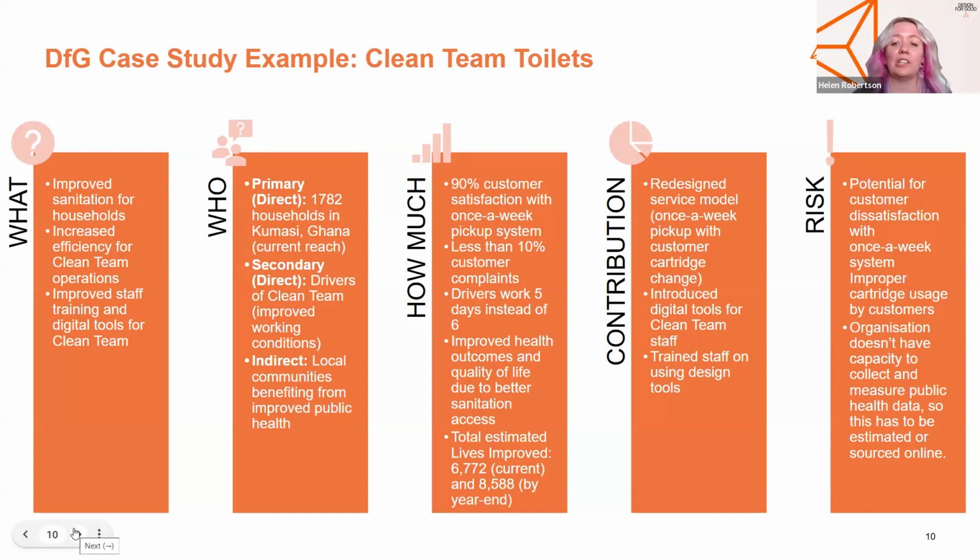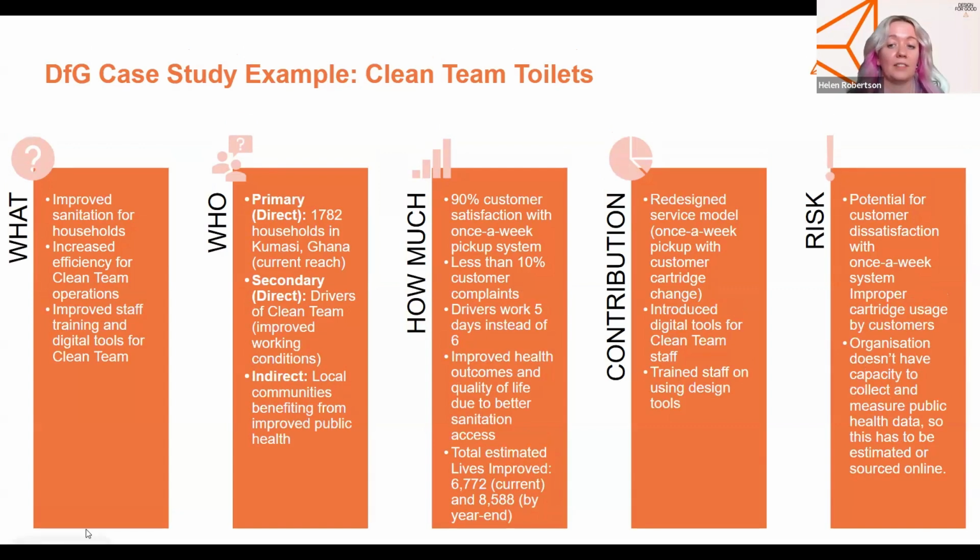The how much dimension, well, 90% satisfaction was achieved with the once-a-week pickup system, with less than 10% customer complaints. Drivers now work 5 days instead of 6, improving their work-life balance. There's improved health outcomes and quality of life for users. And our total estimated lives improved are almost 7,000, with about 8,500 forecasted for year end.